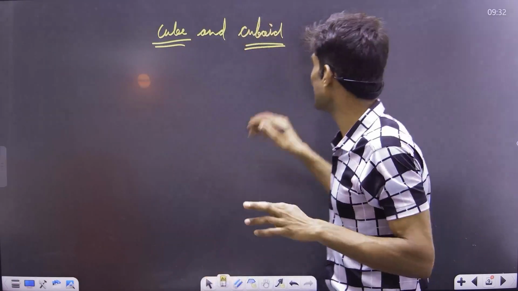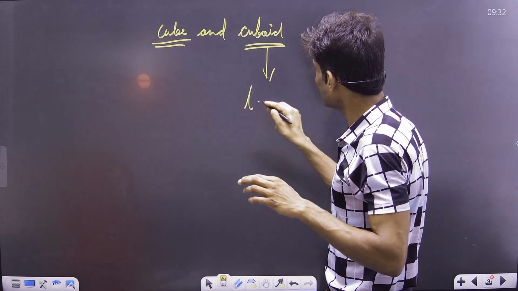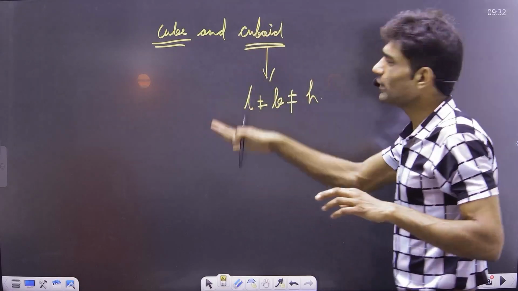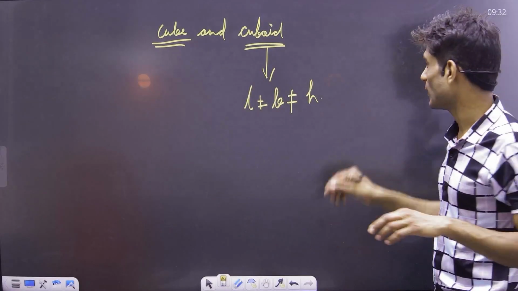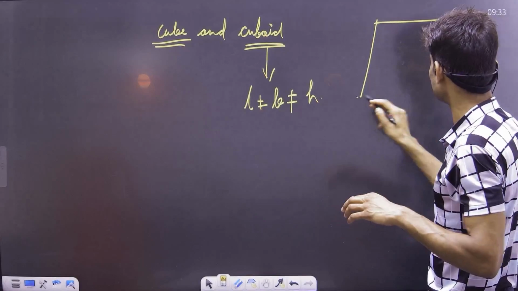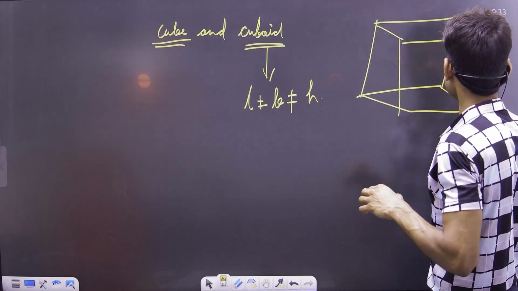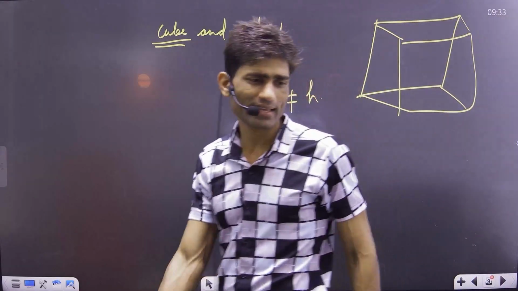Then we consider it as the cuboid. How does the cuboid look? We can see this shape, and we consider it as the cuboid.